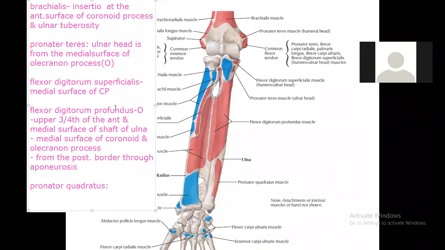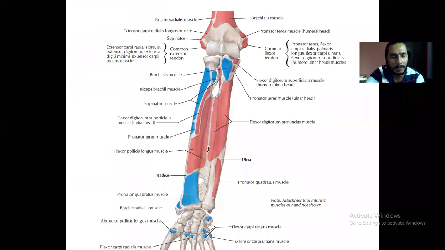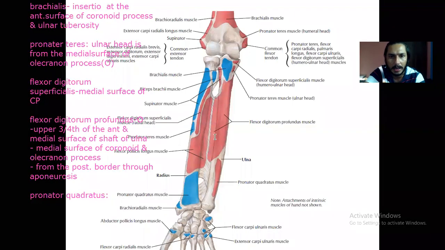It has an origin from the medial surface of the coronoid process and the olecranon process also. It has an origin from the upper 3/4 of the anterior and the medial surface also, along with the adjoining interosseous membrane actually. But we are reading ulna, so we are only considering the ulna here. Then it has an origin from the posterior border also. Are you getting this thing I was telling?